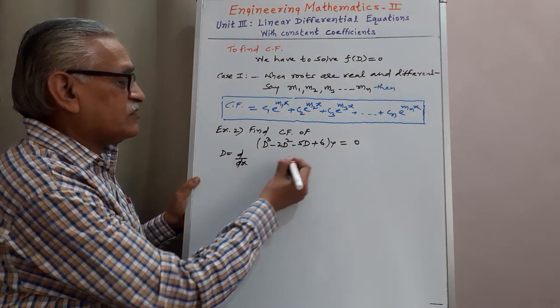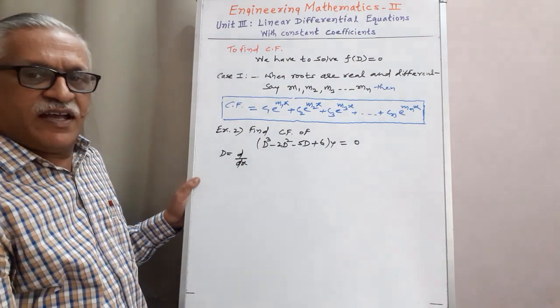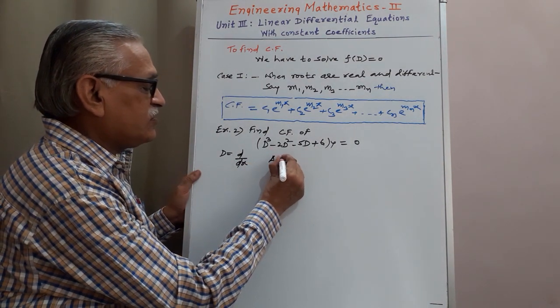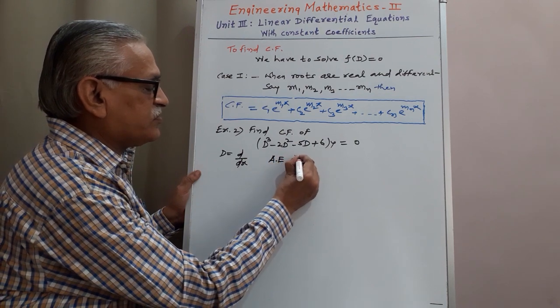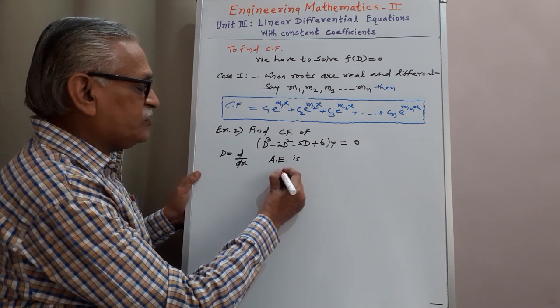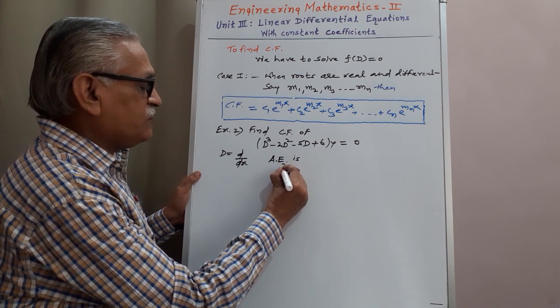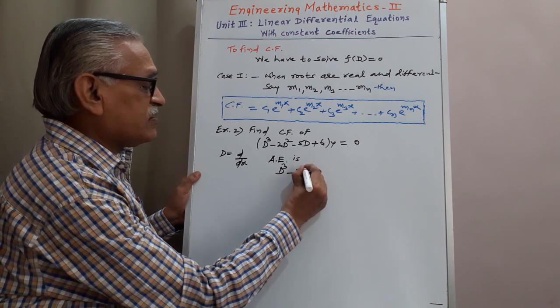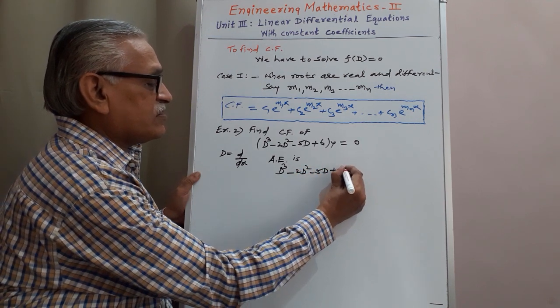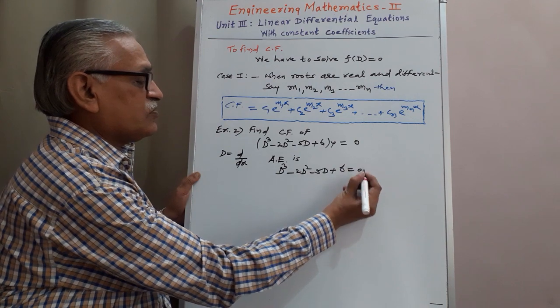Therefore, with y as a dependent variable and x as independent. The first step is auxiliary equation. Auxiliary equation is equating this function of D to 0. We get D cube minus 2D square minus 5D plus 6 equal to 0.